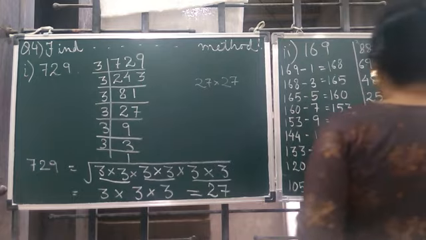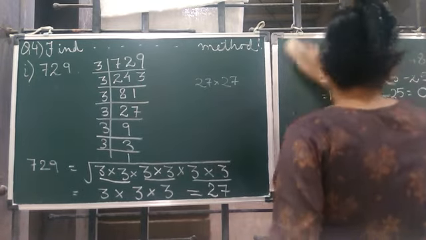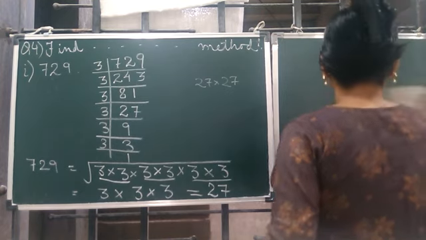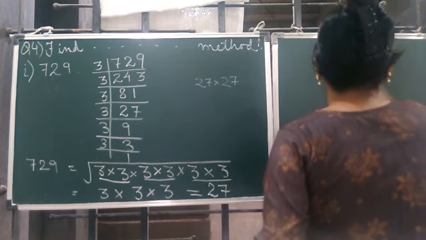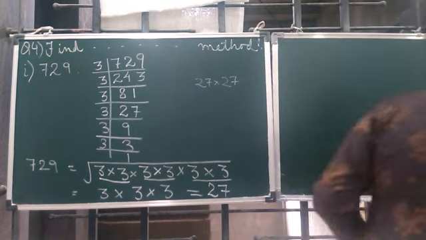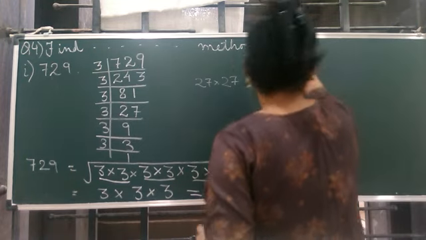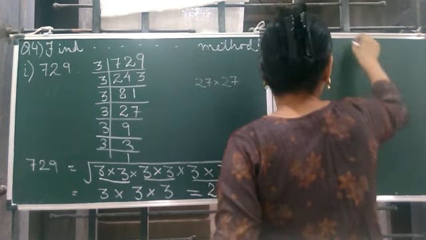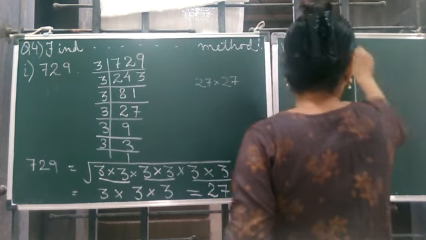So this completes the first one. Second one is 400. It is very easy. Let's see how.